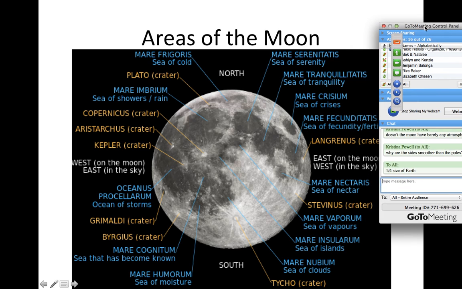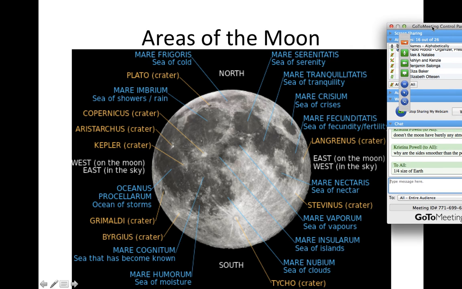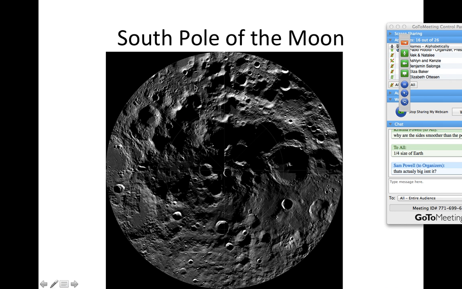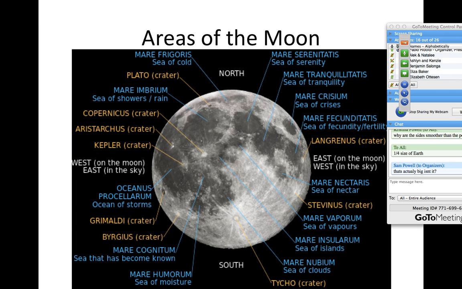Why are the sides smoother than the poles? I don't know, other than that probably the poles have a lot more hits of meteors because they are more exposed. Sam, you mentioned that the Moon is actually big, isn't it? Yes, actually.